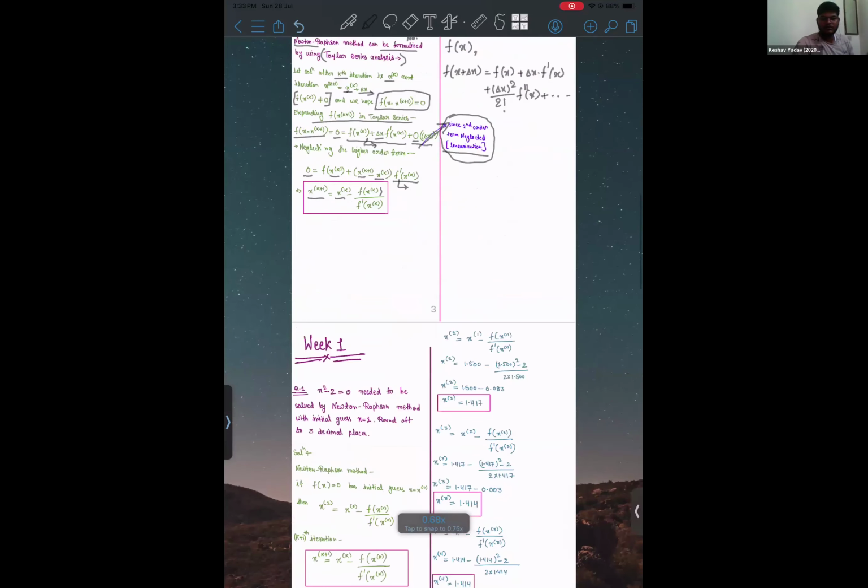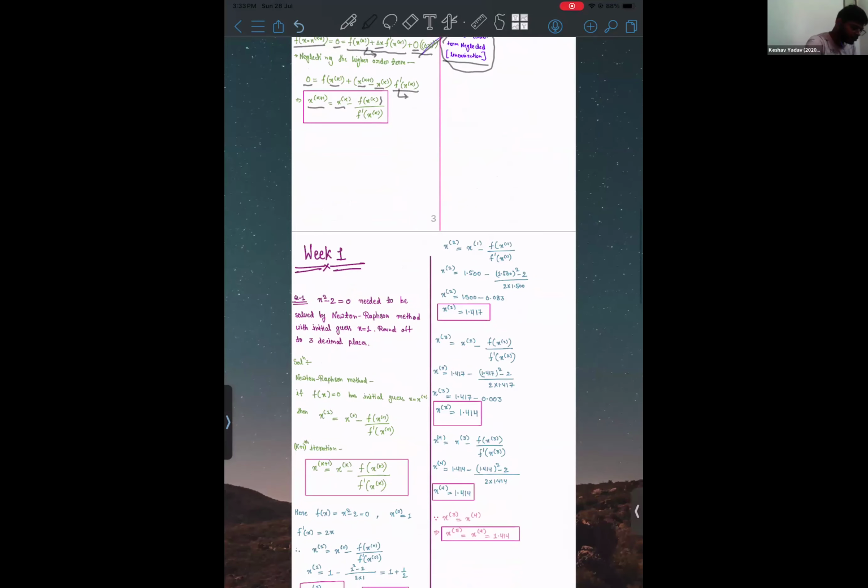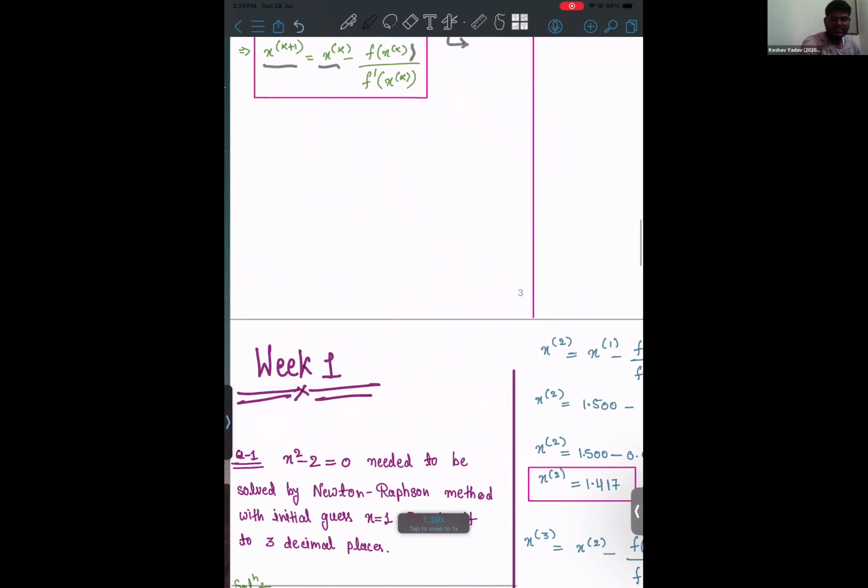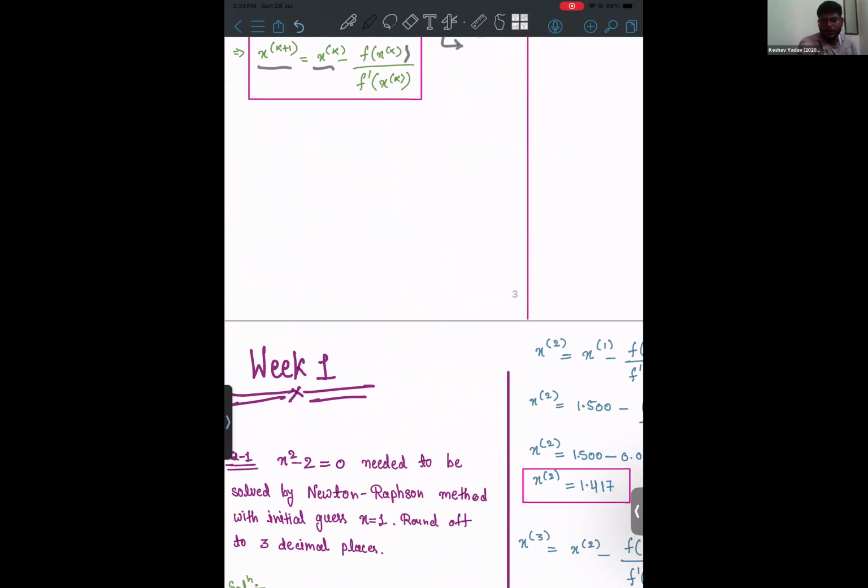Now we will solve some example problems to understand these two methods. I will first pose the question, and you should solve it and give the answer in the chat box.